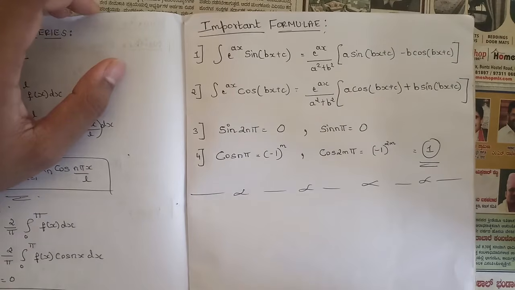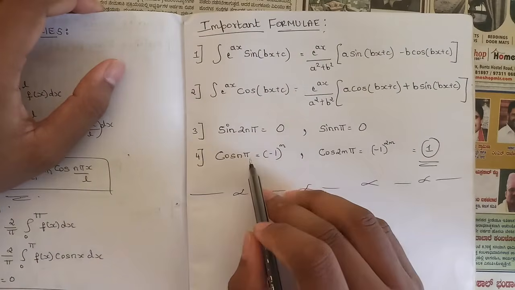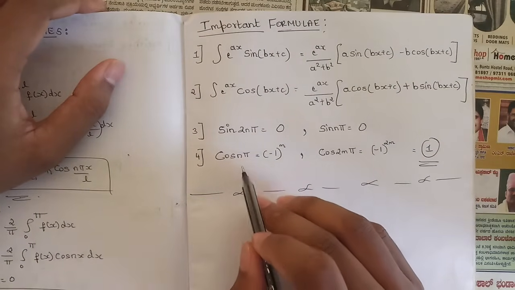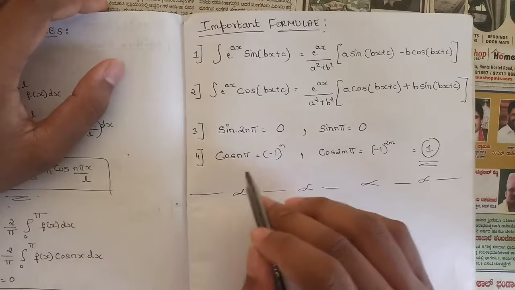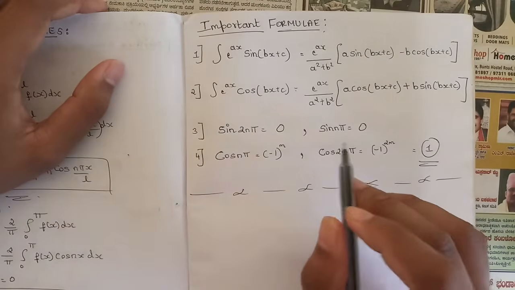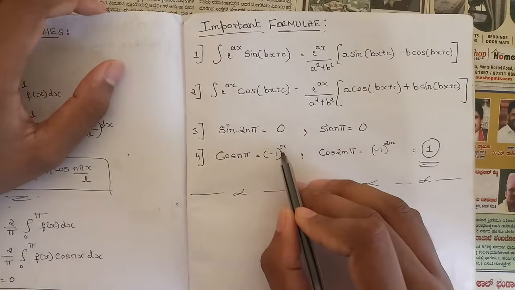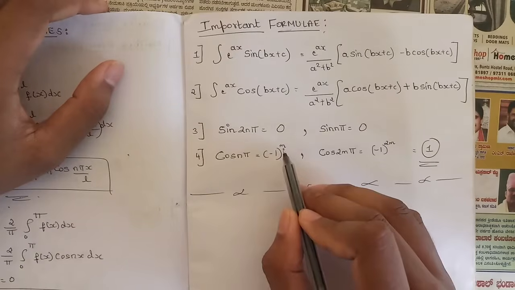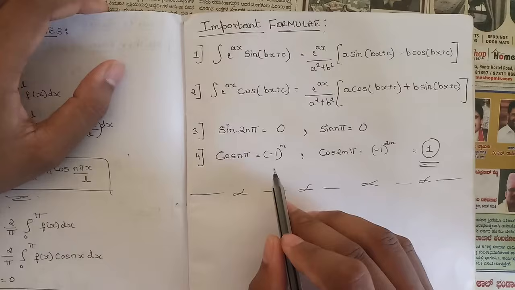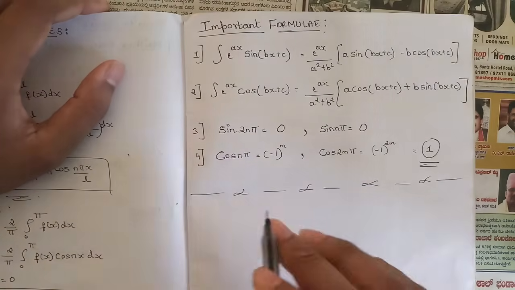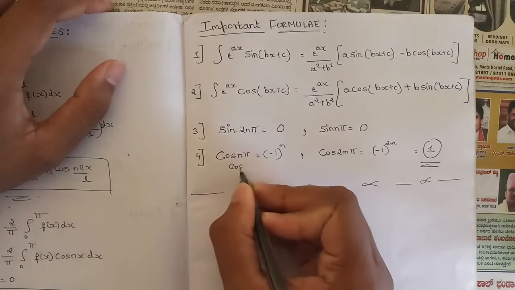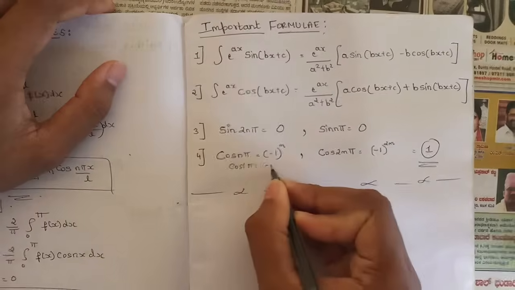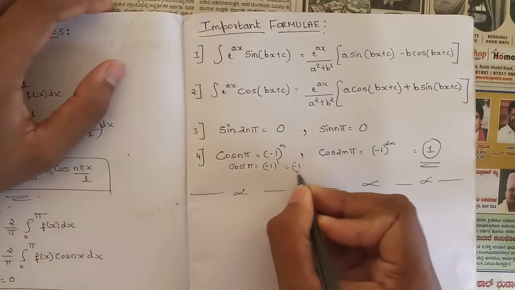And we also know the value of cos pi, that is minus 1. So if the value of n is 1, cos 1 pi is equal to cos pi. If we substitute n as 1, it becomes minus 1 to the power 1, that is minus 1. So cos 1 pi is equal to minus 1 to the power 1, that is equal to minus 1.